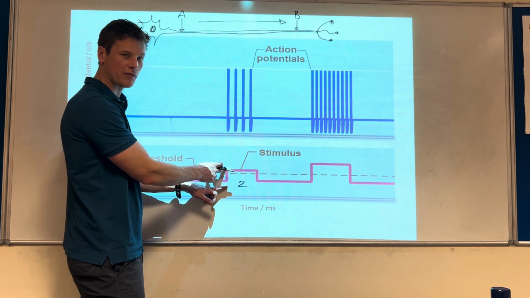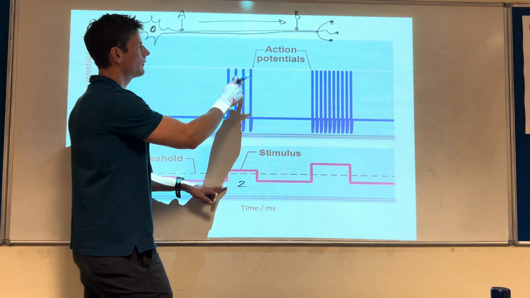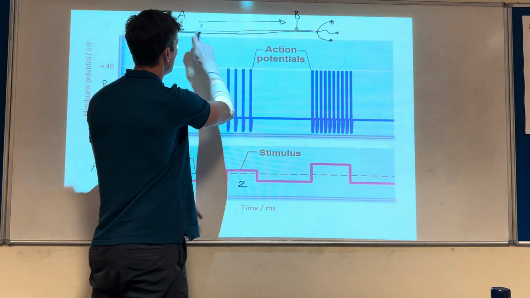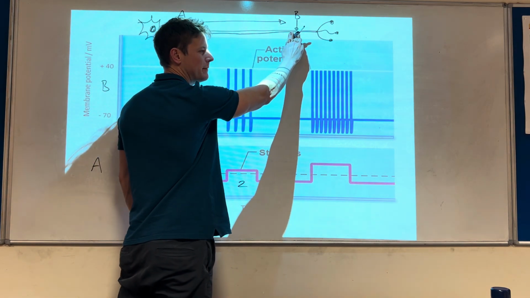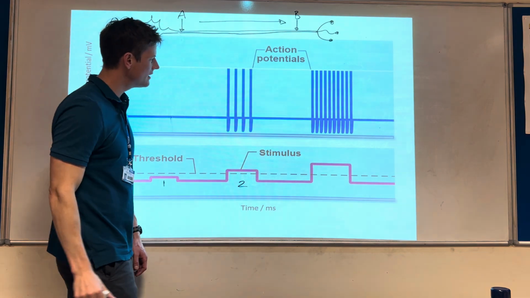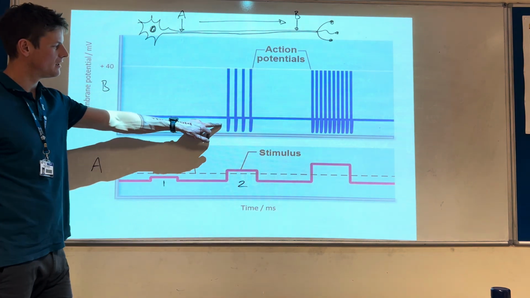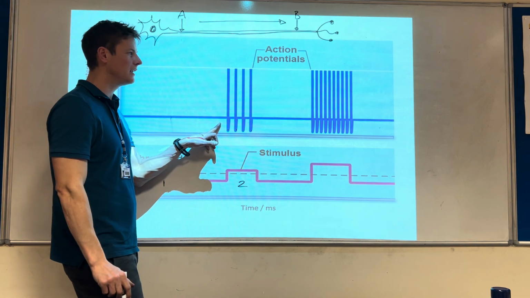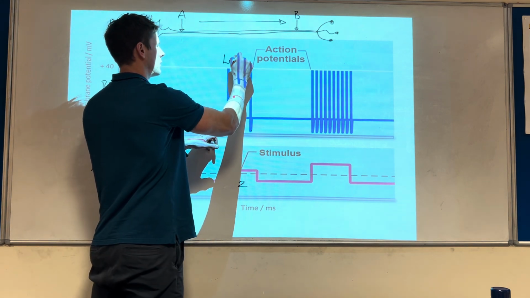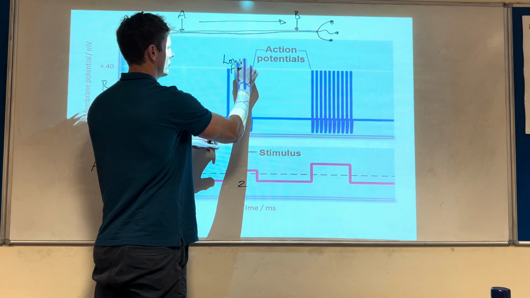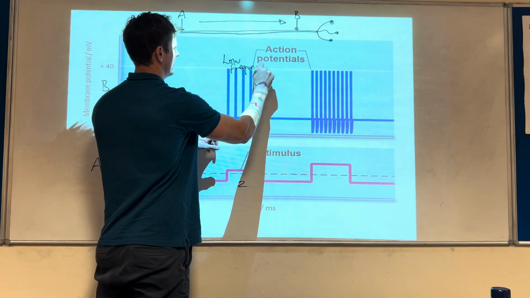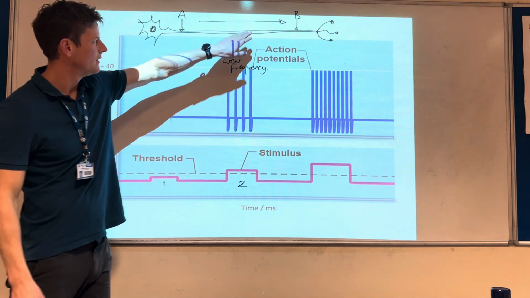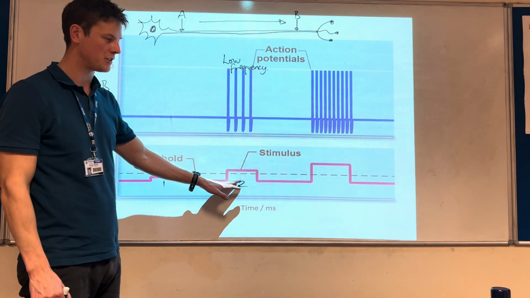It passes that threshold potential. Action potentials are transmitted along the length of the membrane until it reaches point B, where they are measured. Okay, and it has a relatively low frequency. I mean, the frequency is pretty arbitrary here, but relatively low frequency because the stimulus is a smaller one.